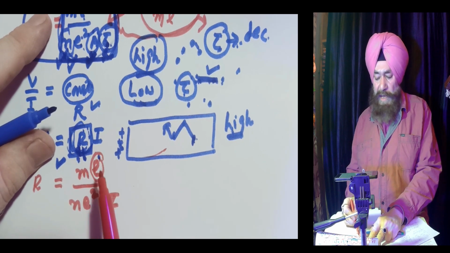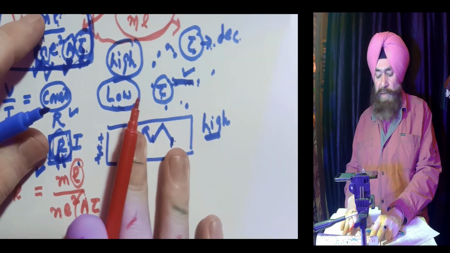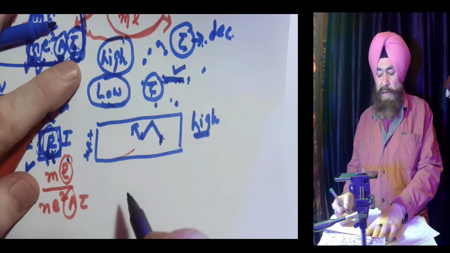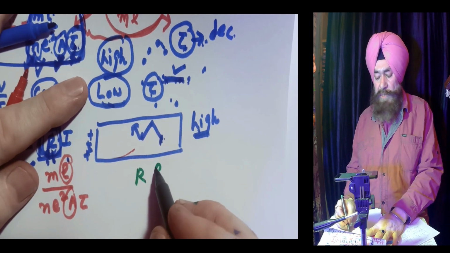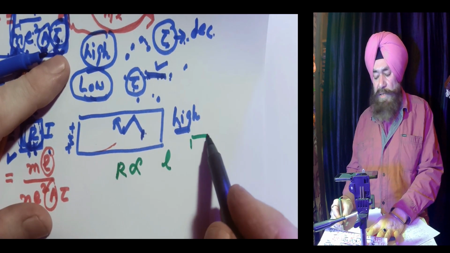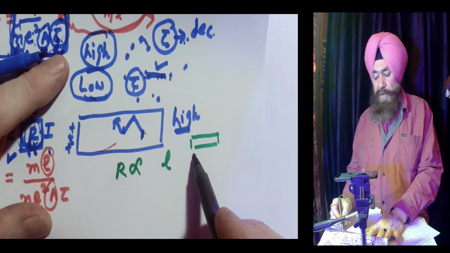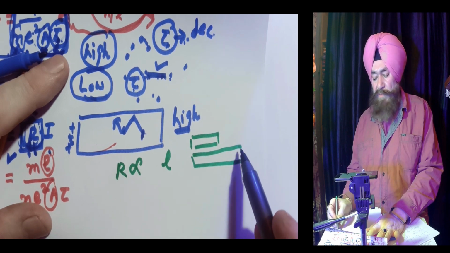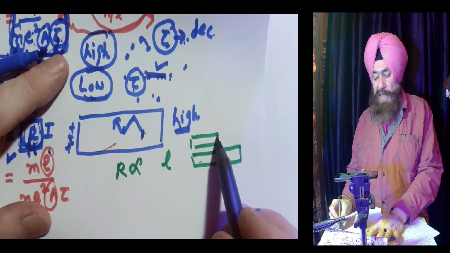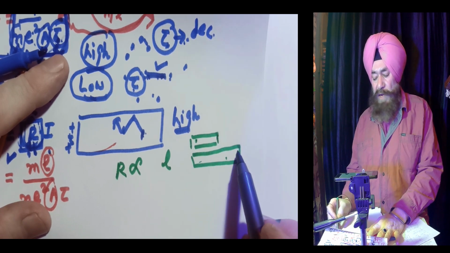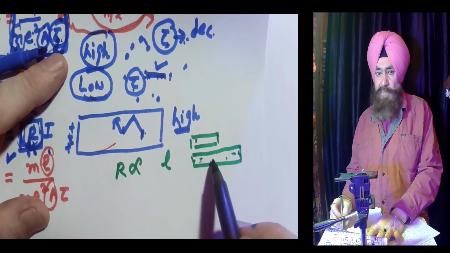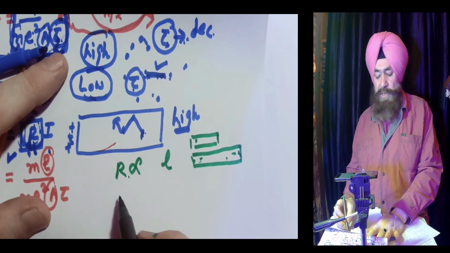The geometric factors are L and A. That means R is proportional to L. If the length is small, there are two lengths, one small, one large. The electron finds less difficulty reaching from here to here, and more difficulty reaching from here to here, because the path length is more. So it is proportional to L.